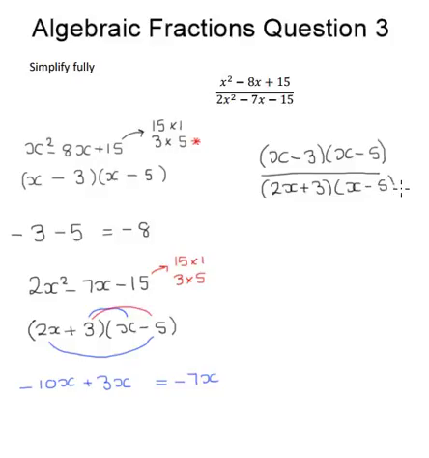These are just the factorised forms. So the last thing we need to do is, you can see that the x minus 5 is going to cancel out with that x minus 5 on the bottom. So we're going to be left with our simplified expression, which is x minus 3, all divided by 2x plus 3. And this is my final answer, the simplified fraction in this question.